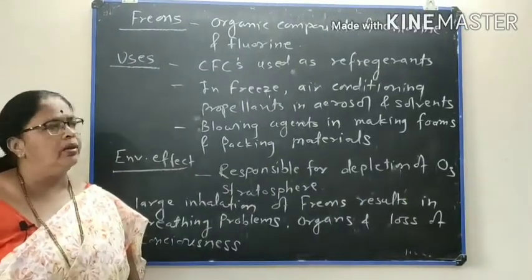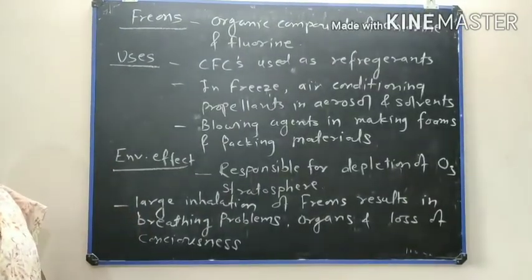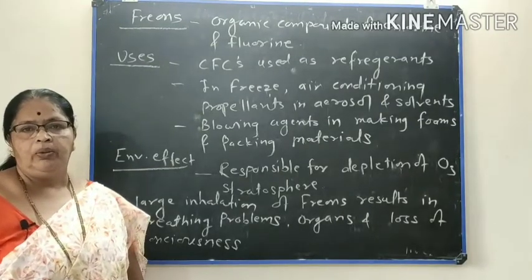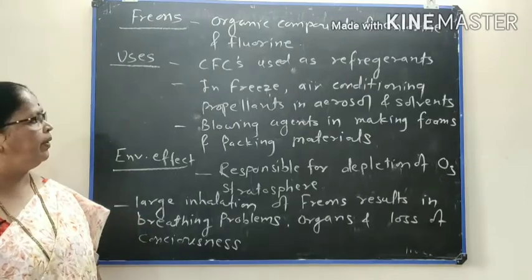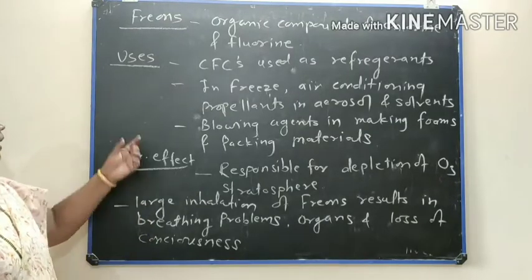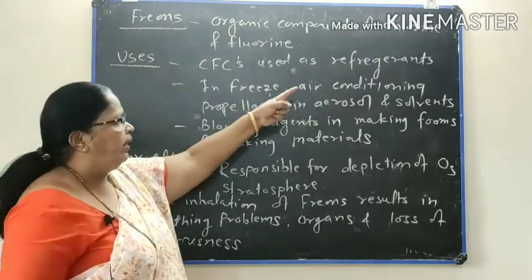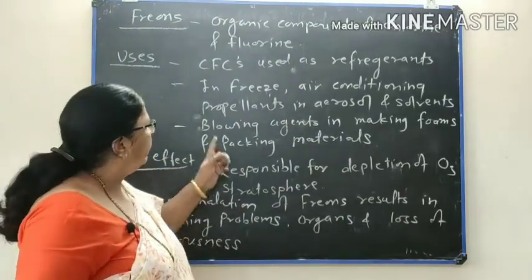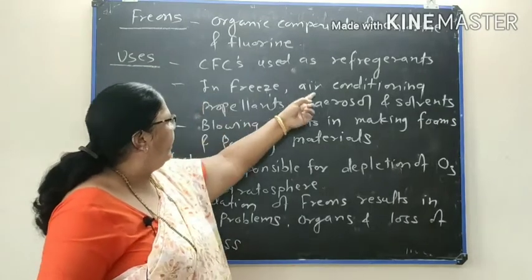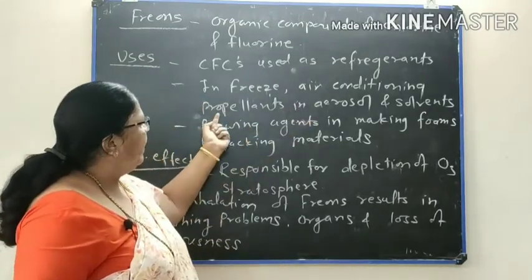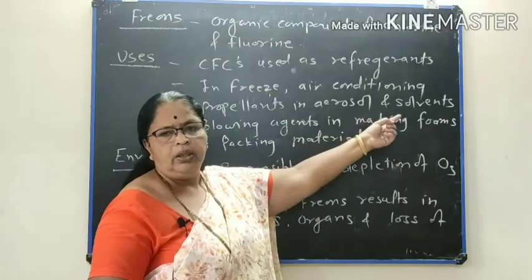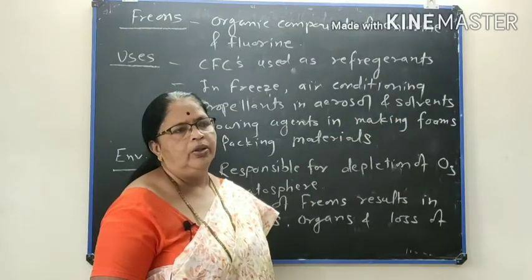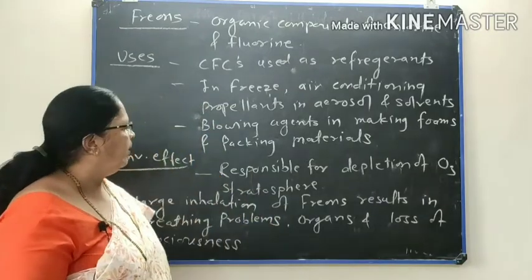Next, freons. Freons are organic compounds which are prepared from chlorine and fluorine. It is used as a refrigerant for the cooling process. Next, in fridges, air conditioning, as a propellant in aerosols, and used for the extraction of different organic compounds. So it is used as a solvent.